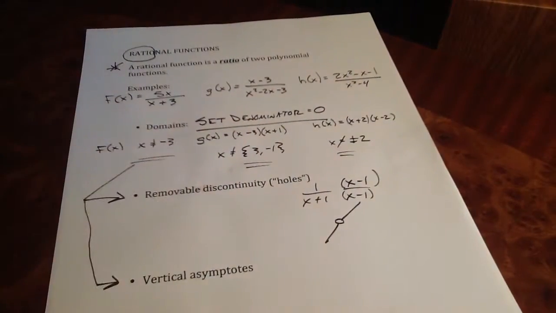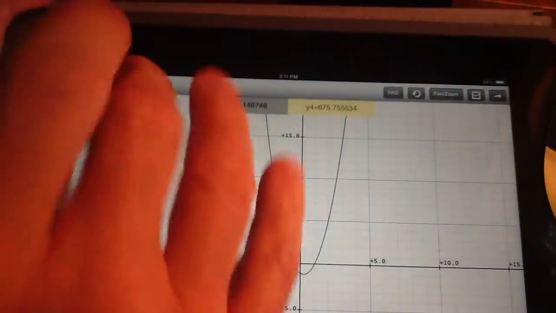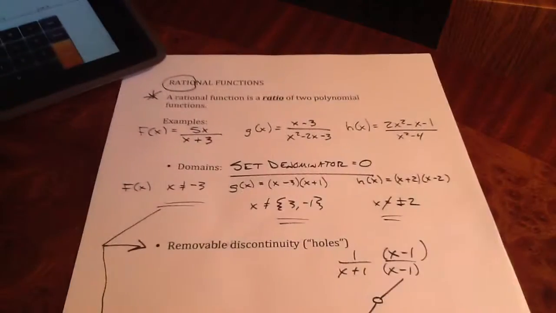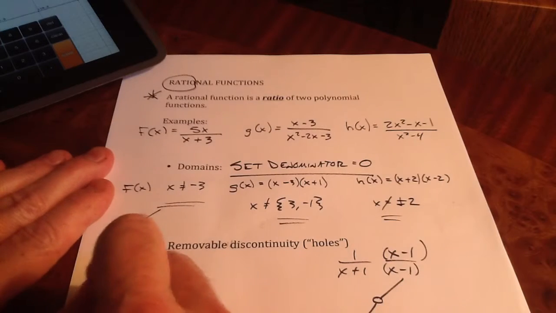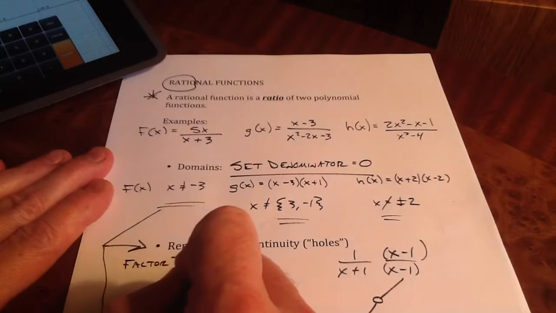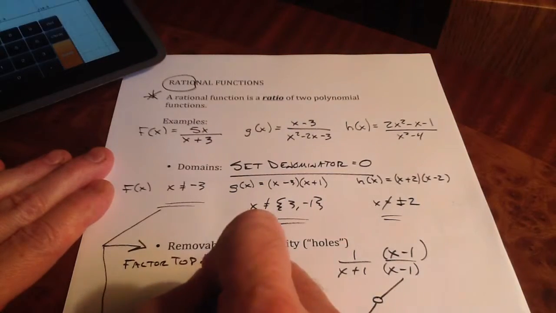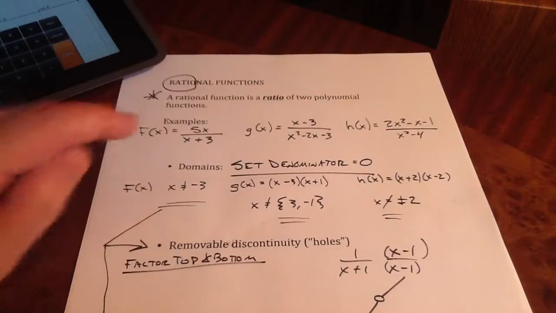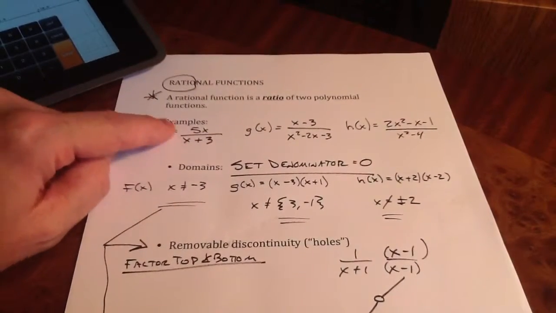Let me see if I can get these up on the other. Okay, so let's take a look here. I believe these are our functions. We'll have to factor top and bottom. In the first case, the top and the bottom don't share a factor.